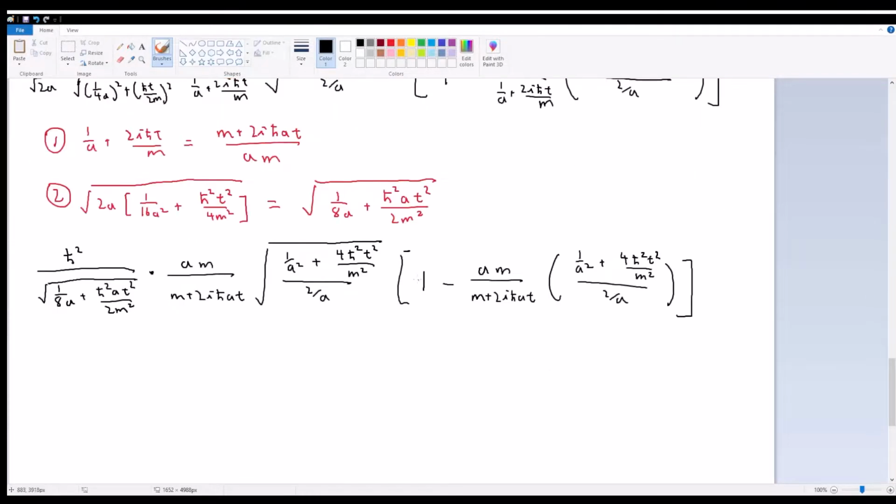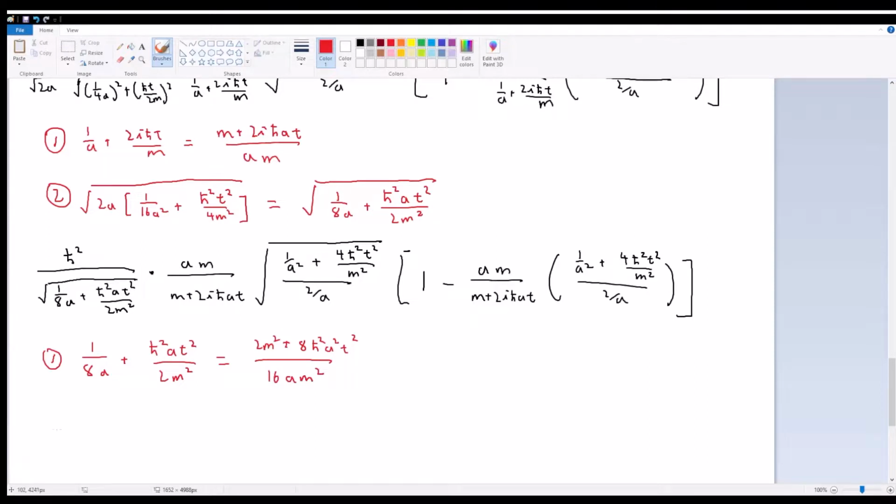Okay, next thing, let's try to condense some of these. So number 1, we have 1 over 8a plus h bar squared a t squared over 2m squared. So what does that give us? If we combine these, this is going to give us 2m squared plus 8h bar squared a squared t squared, and then we have at the bottom 16am squared.